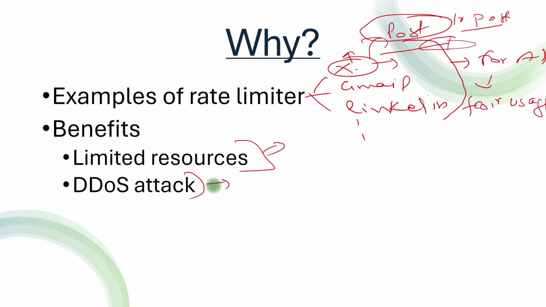Some unwanted actors deliberately want to attack the servers, to bombard the server so that others are not able to use it. That is what we call a DDoS attack. To prevent those DDoS attacks, we have to put certain limits around that.